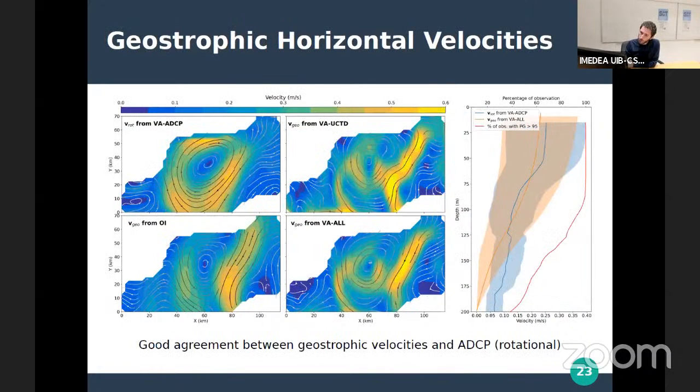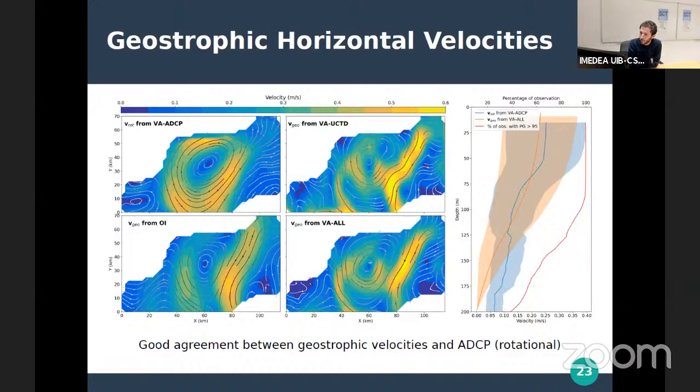Then we can compare this ADCP velocity, the same plot as the one in the top left panel, the rotational velocity of the ADCP, with the geostrophic horizontal velocity from our reconstruction methods. The top right is the one from the UCTD univariate analysis, which presents quite strong magnitude and even a lot of meanders.